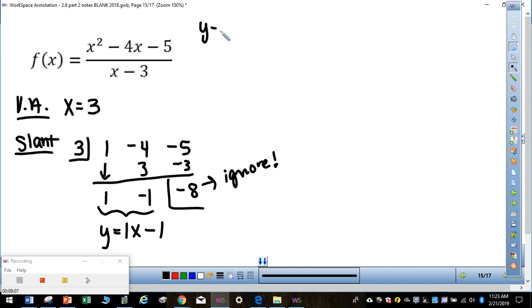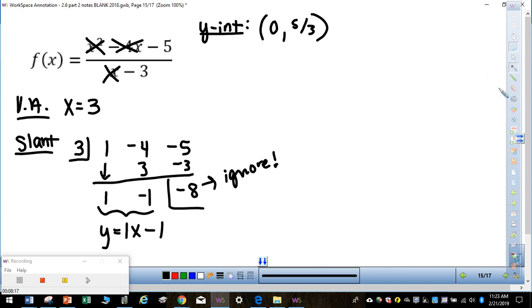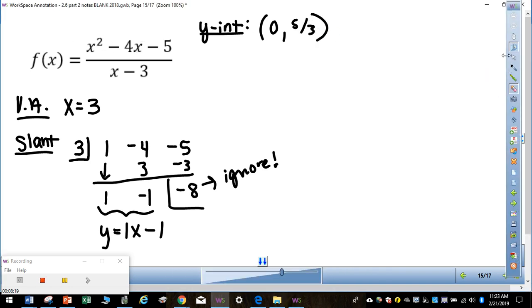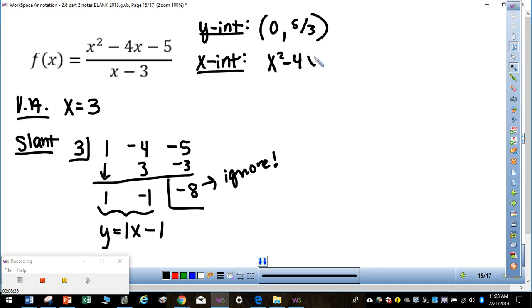Okay, let's think about our y-intercept this time. If you plug in 0 for x, all of these parts go away. We're left with negative 5 over negative 3, which simplifies down to be positive 5/3. And our x-intercept is found by setting the numerator equal to 0 and solving for x.